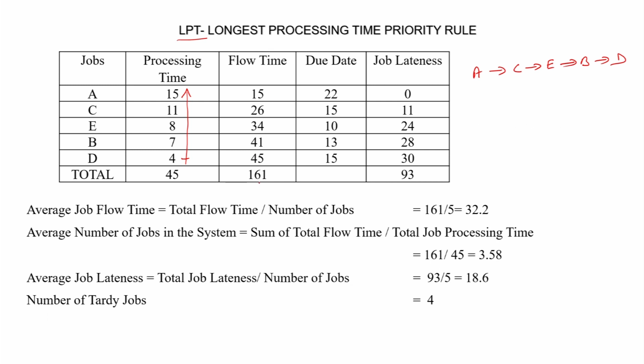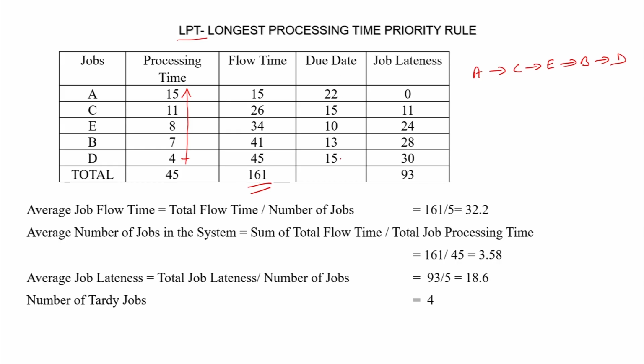Obviously, the flow time will be higher in this case, because all the 5 jobs are waiting for 15 days, 4 jobs are waiting for 11 days, 3 jobs are for 8 days, 2 jobs are for 7 days, and 1 job is for 4 days. So, the flow time is much higher here.